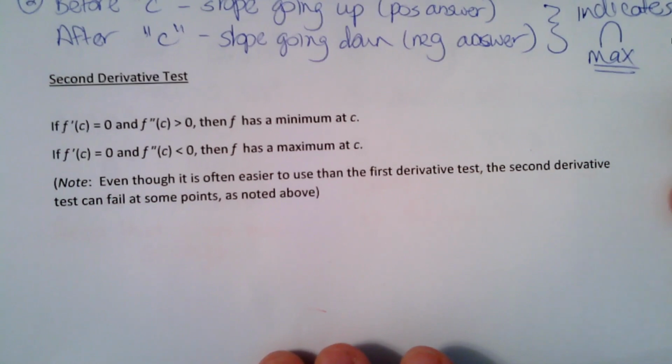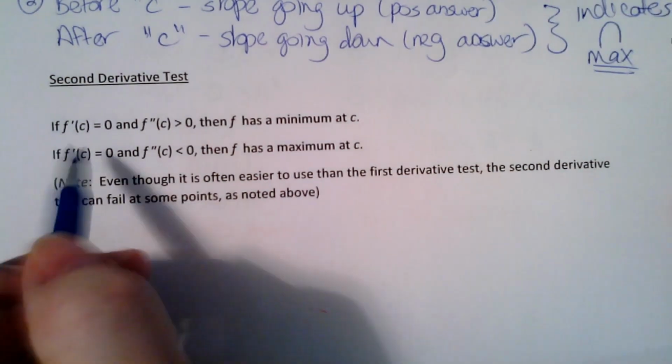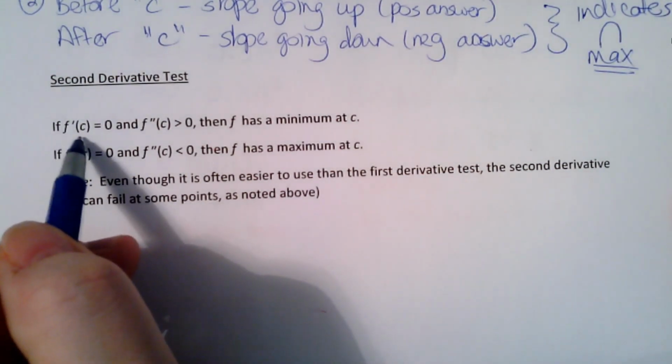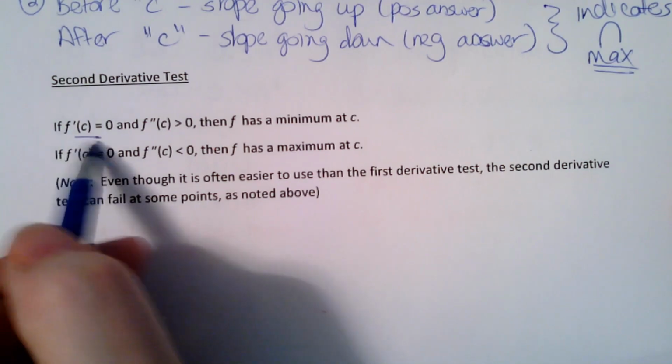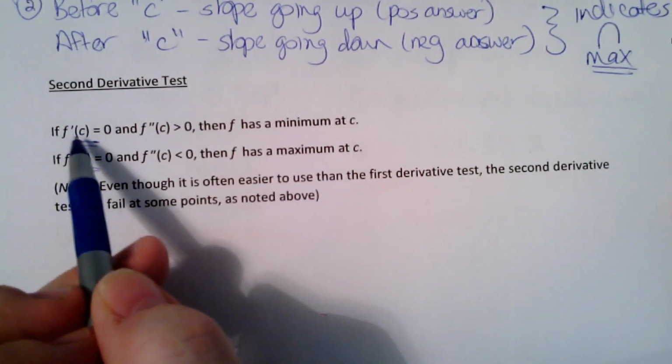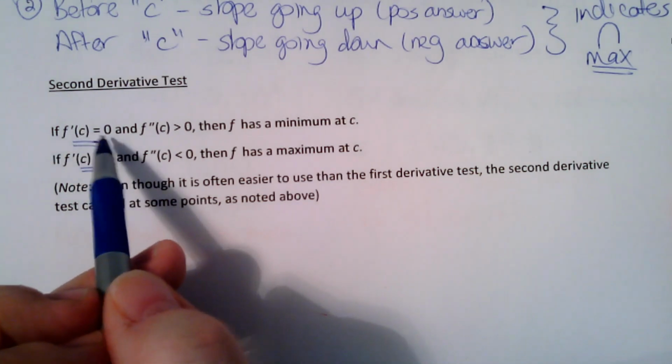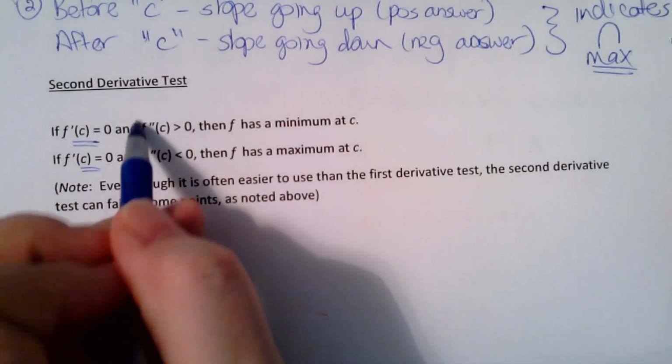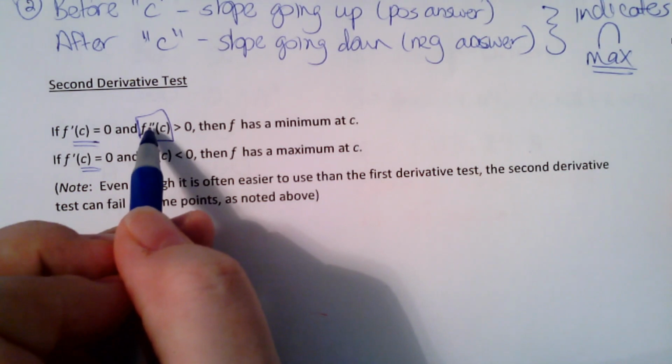Second derivative test. The reason I like this one is if you have your answer, which is pretty much what this means here, if you've taken the derivative and figured out for what value it's 0. If you do the derivative a second time, so you can see there's 2 here, prime, prime.